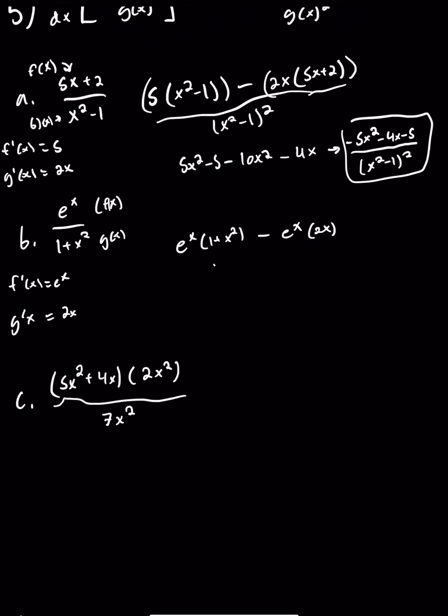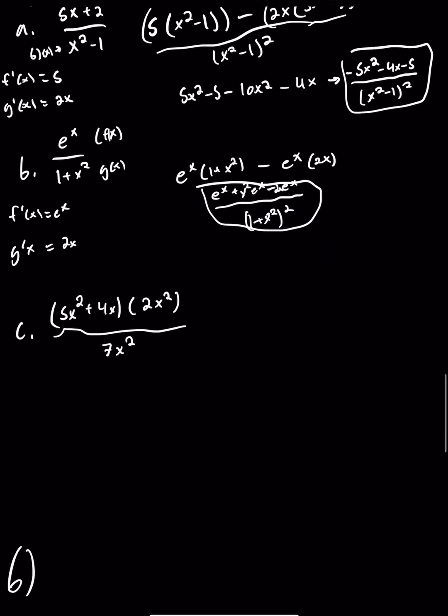Okay, so e to the x plus x squared e to the x minus e to the x, or 2x e to the x. Okay, and that's all you can do. And then you just need to divide that by 1 plus x squared, squared. That's about as far as you can take it.